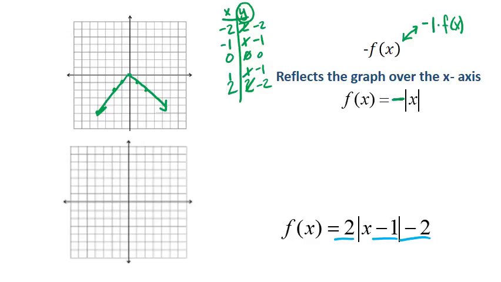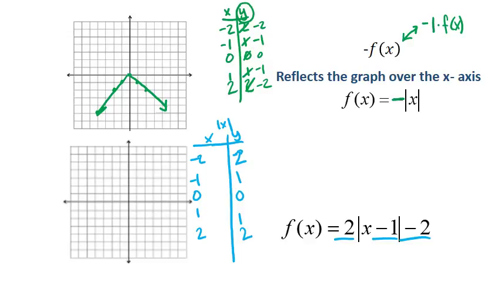Let's start with our parent table. I'm going to leave a little bit of space here because I'm going to do a little bit of work. Here's our parent table for the absolute value of x.